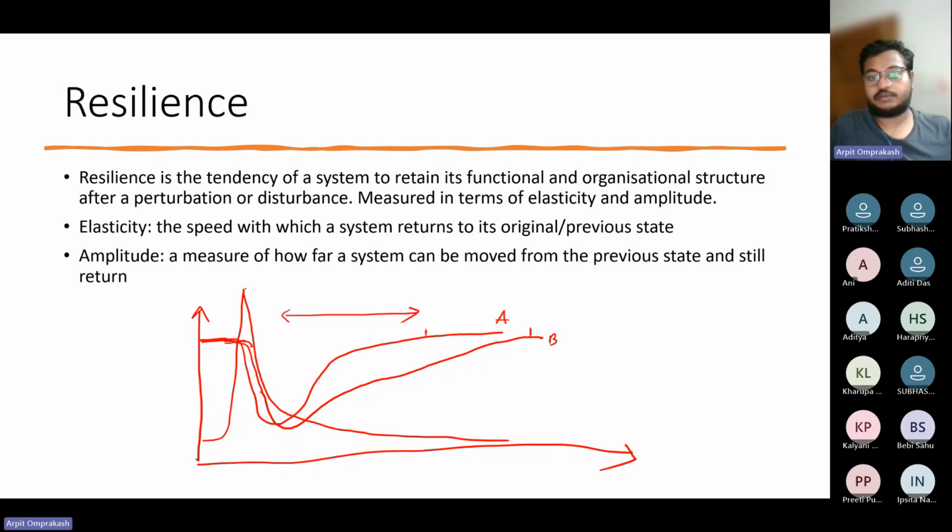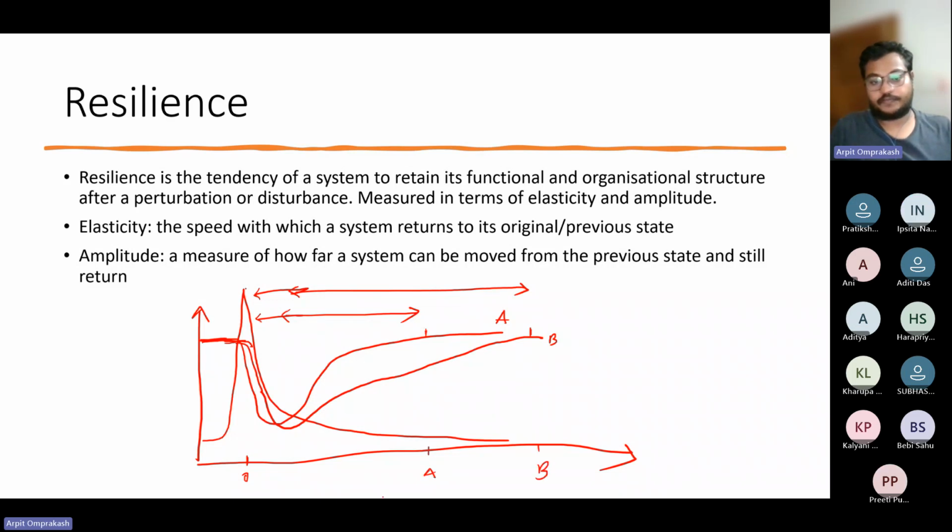And system B comes back to normal in, let's say, this much time. Right. So the elasticity is basically, let's say this is 0. This is the time for A. This is the time for B.